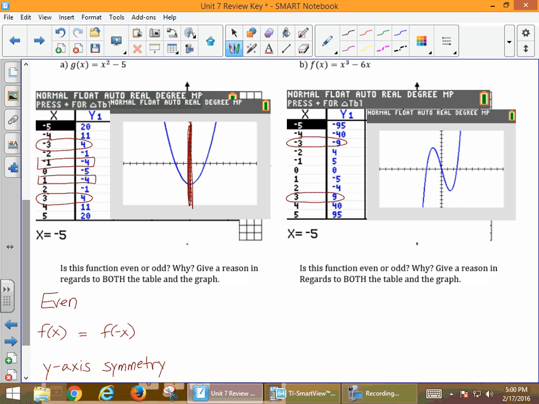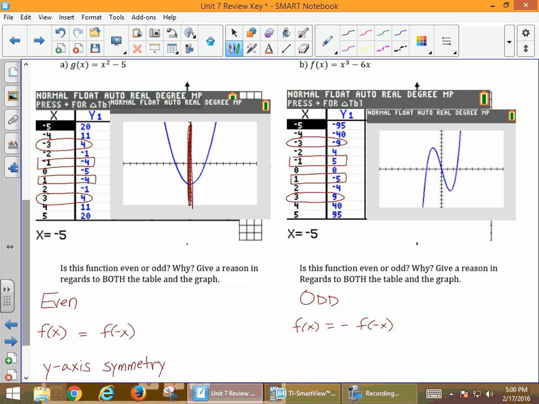If I look at 1 and negative 1, at negative 1 I have positive 5, and at positive 1 I have negative 5. So again, they're not exactly the same, but they are opposites. So since I have f of x, any number, and the opposite of that number, the y values for those two things are opposites of one another. So this function is odd.